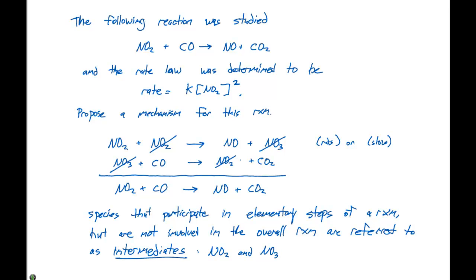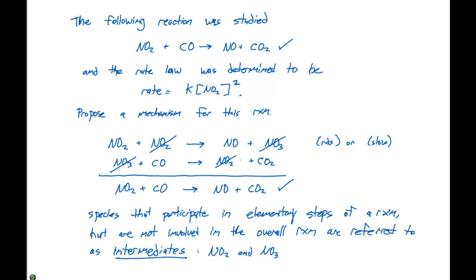So let's see here if this particular proposed mechanism satisfies all 3 requirements. The first, the sum of the elementary steps must give the overall balanced equation. And when we add these steps together, we get NO2 plus CO giving us NO plus CO2, which is the reaction that was studied. So that maps out.